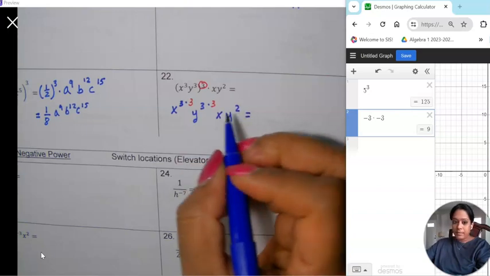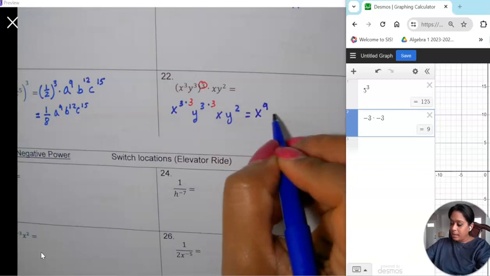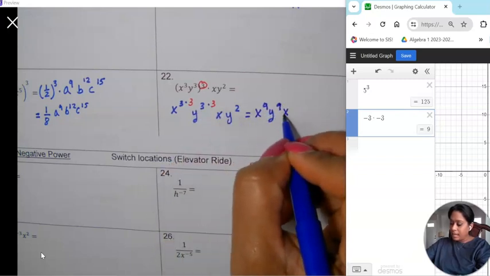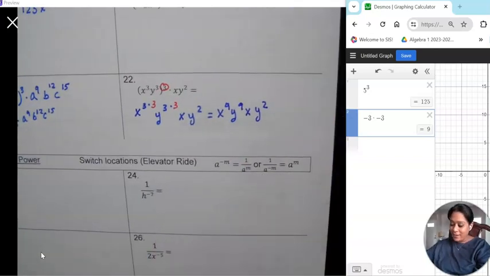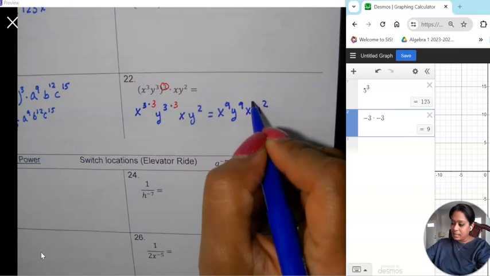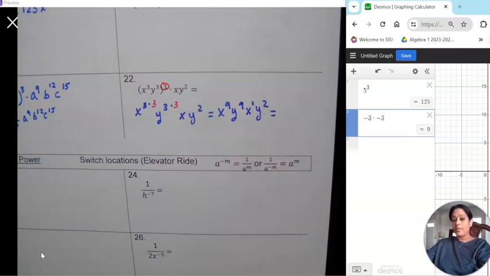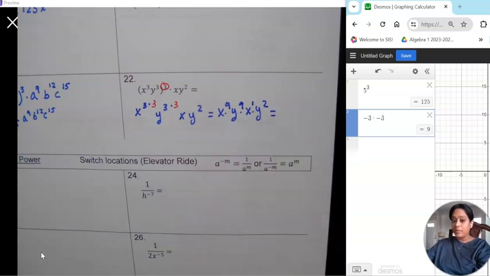Let's go ahead and simplify this. So 3 times 3 is 9, so you have x to the 9th power, y, 3 times 3 is 9 again, x, and then y squared. We can simplify this even further. Remember that this is a 1. So this here, we are not raising a power to a power. We're actually multiplying it. Everything is being multiplied. So remember the rule.